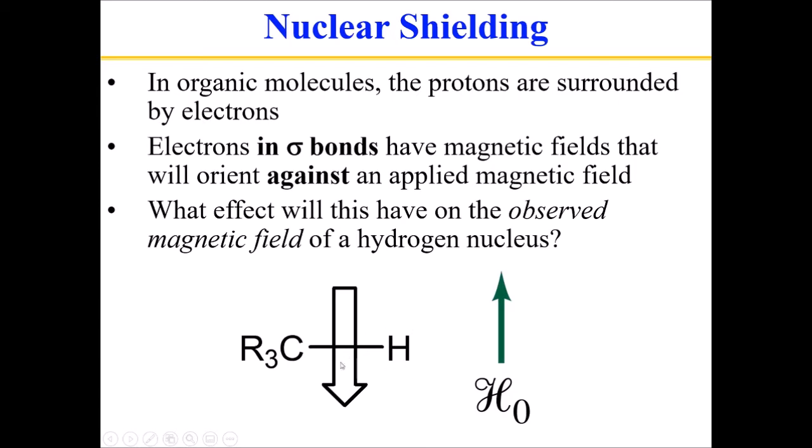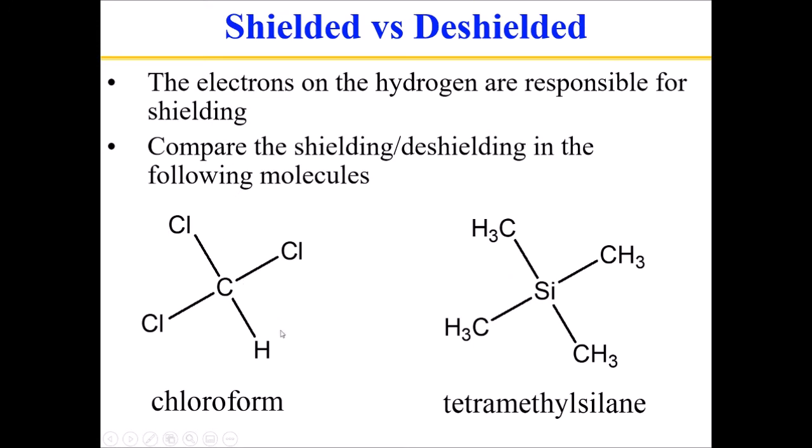And this hydrogen, because all the electron density has been moved off of it by these 3 chlorines, is feeling almost the full brunt of that externally applied magnetic field. And it would require a lot of energy in order to flip that proton against the externally applied magnetic field, because the electrons aren't helping it in any way.